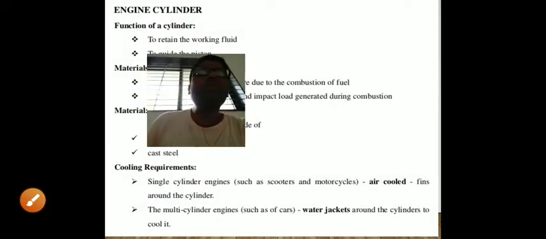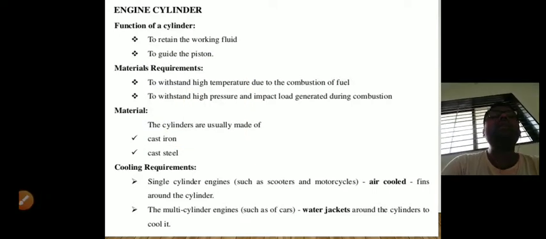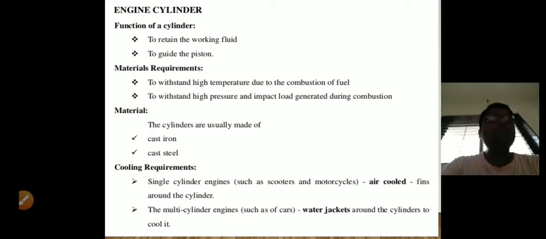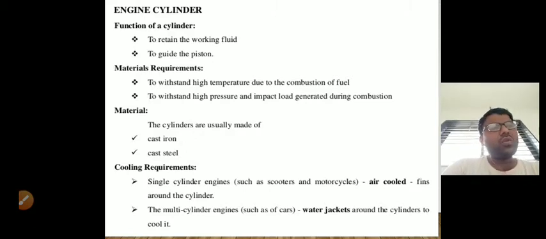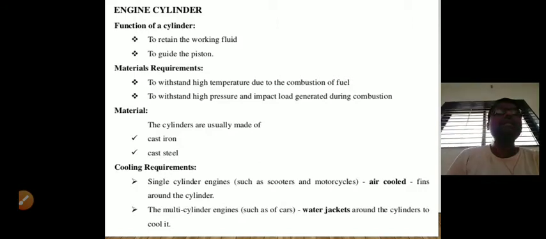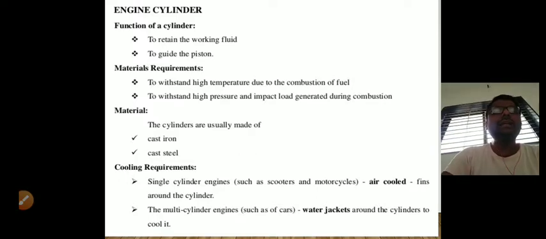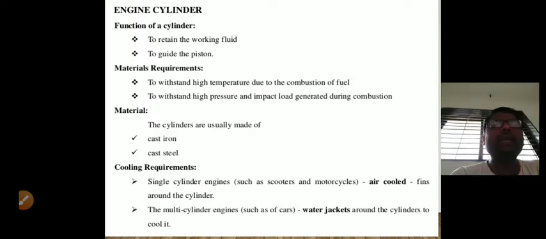The main function of the cylinder is to retain the working fluid, which is inlet with the help of the inlet valve, right? Whenever the inlet valve is open and fuel, like a petrol plus air mixture or diesel, is inlet into the cylinder, the cylinder's main function is to retain the working fluid.